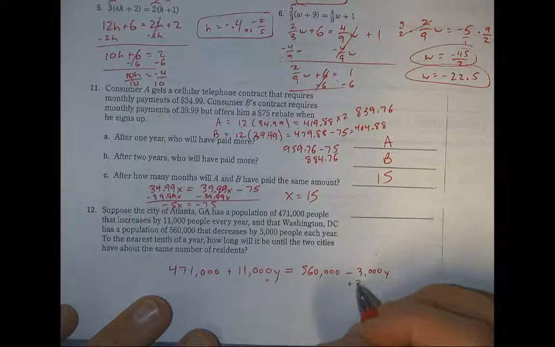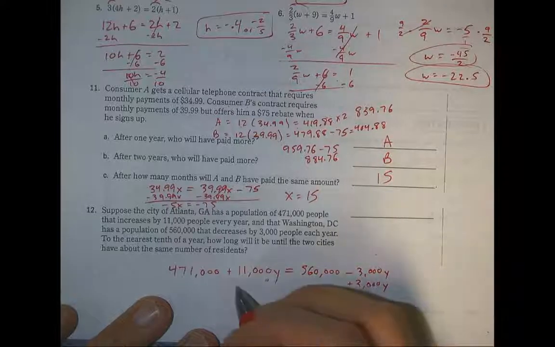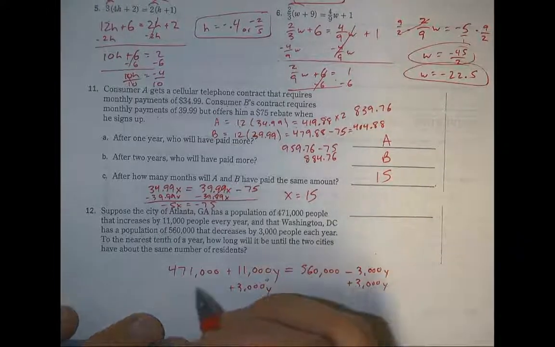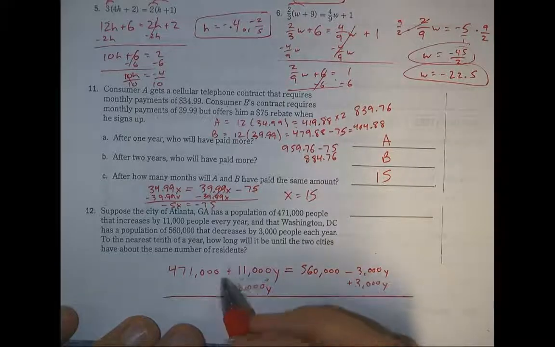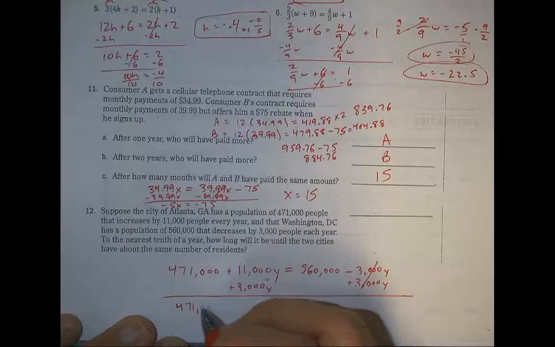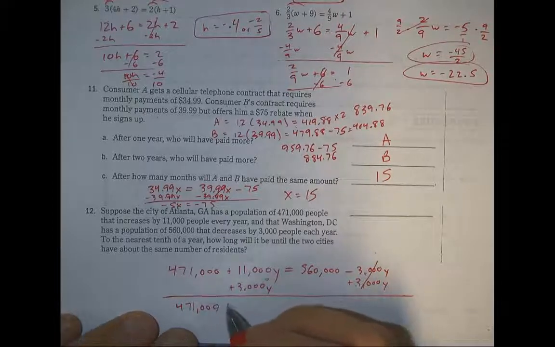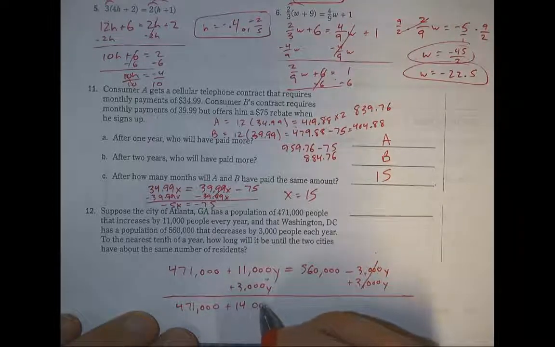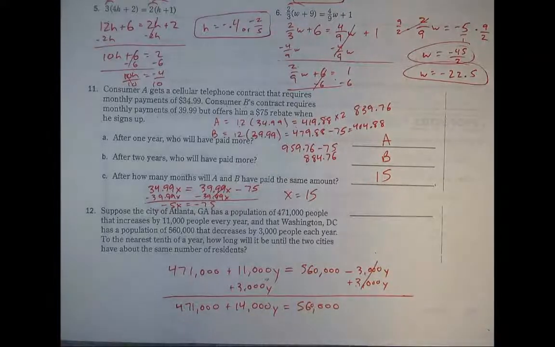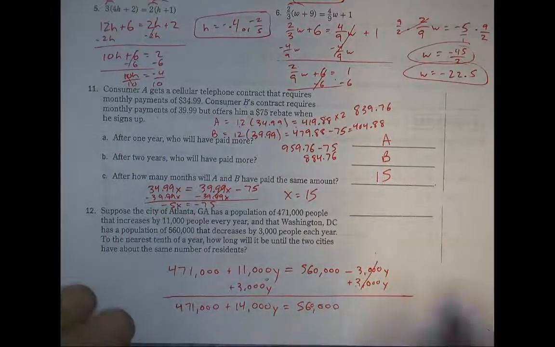I'm going to go ahead and add 3,000y to both sides. I chose that because negative 3,000 is smaller than positive 11,000. So this becomes 14,000y. Okay, now I've got one term with a y, so I can start moving everything away from it.